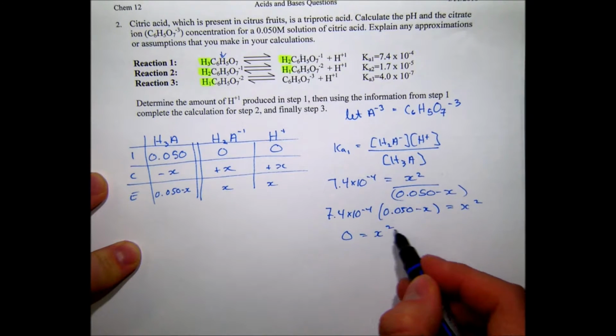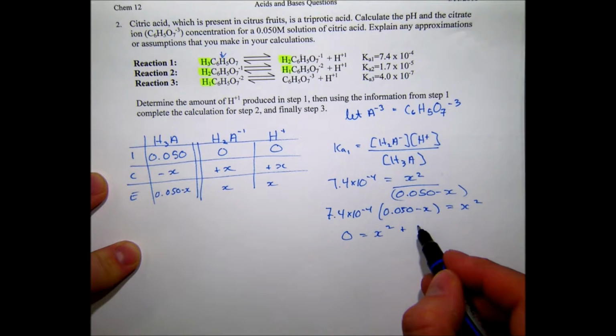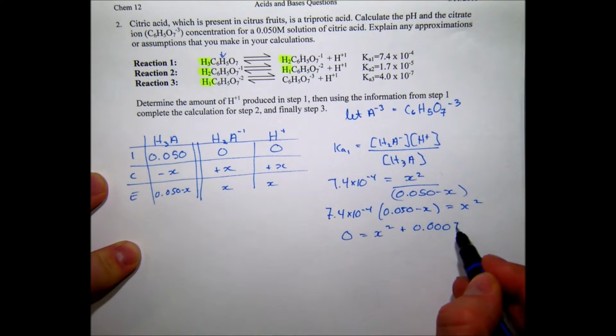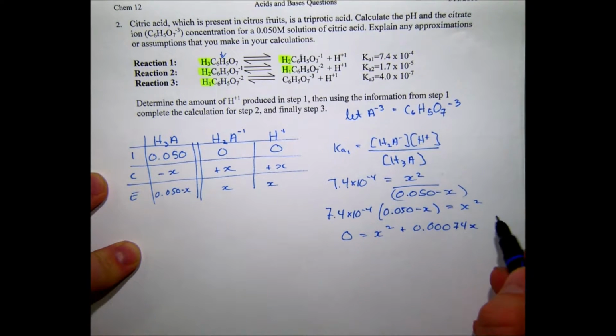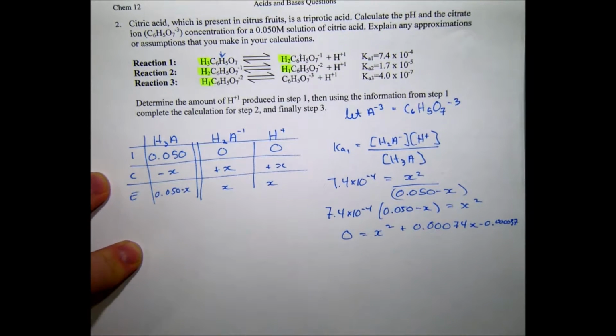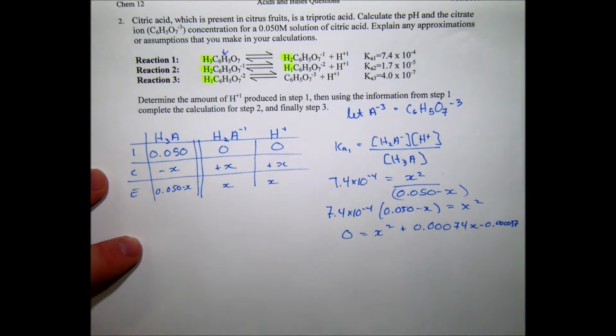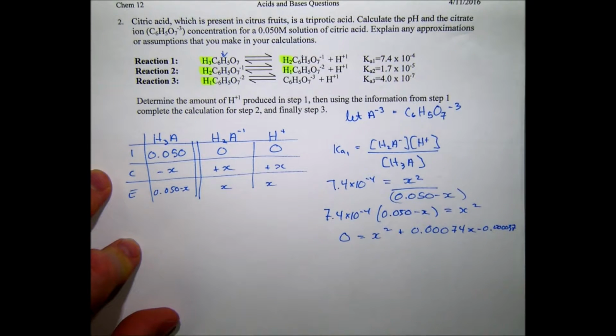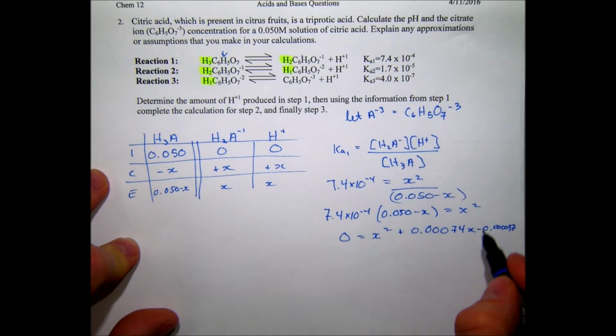And we get 0 equals x squared plus 0.00074x minus 0.00037, or 3.7 times 10 to the negative 5, which probably would be a better way to write that.